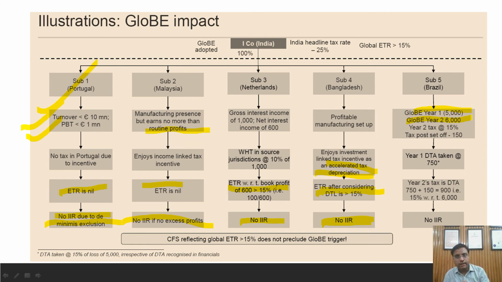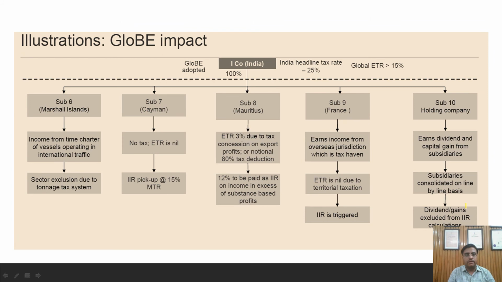So 750 of deferred tax asset reversal as well as 150 tax on post adjustment, so 900 is your ETR. It is already 15%, so no impact of IRR. So this is the case. CFS global ETR is more than 15%, which does not preclude the global rule from triggering.